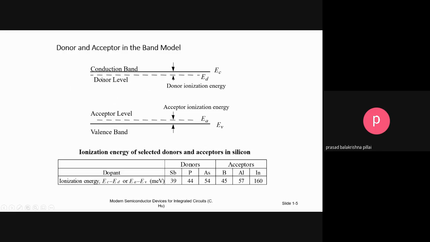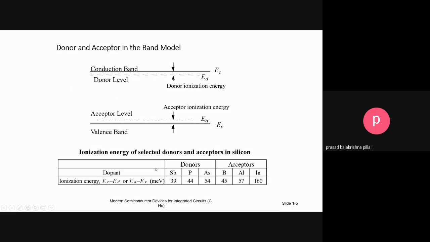Donors are basically from the fifth group, and there are many impurities from the fifth group, so each will have a different ionization energy. For example, phosphorus.